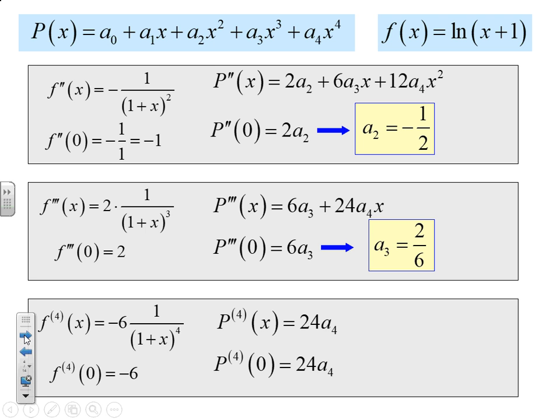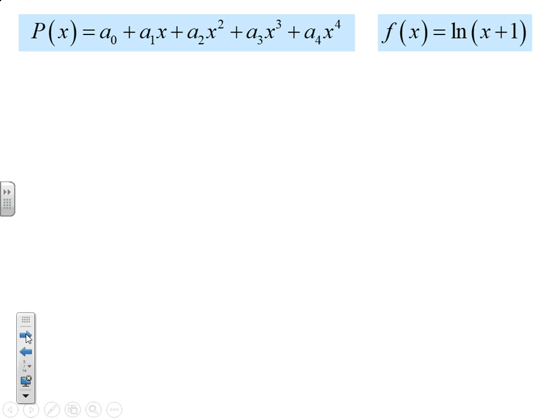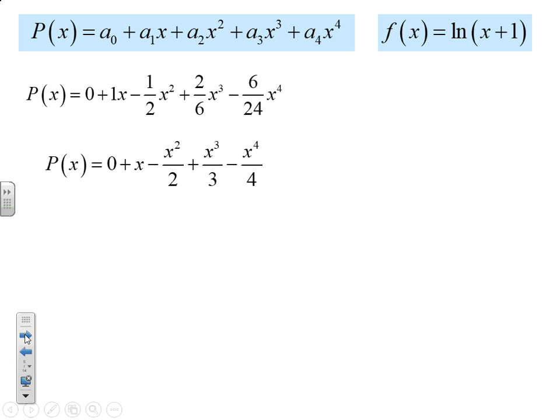And if we want those two to be equal, then a sub 4 is negative 6 over 24. Whoa. Got it. Okay, what we have is, there's our polynomial, which, yes, we could reduce to this, but I'm going to leave it like that for now.